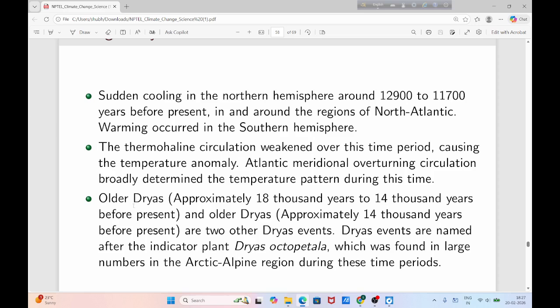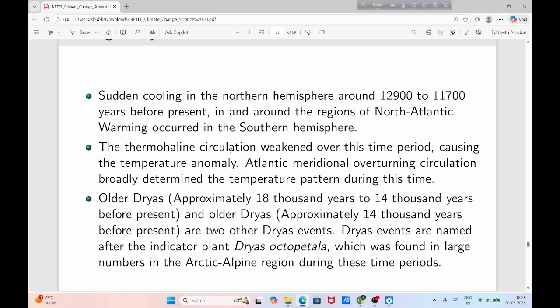I think this will be corrected to oldest Dryas. Okay, we will correct that. So the oldest Dryas was approximately 18,000 years to 14,000 years before present. Older was approximately 14,000 years, and that stayed for a few hundred years.